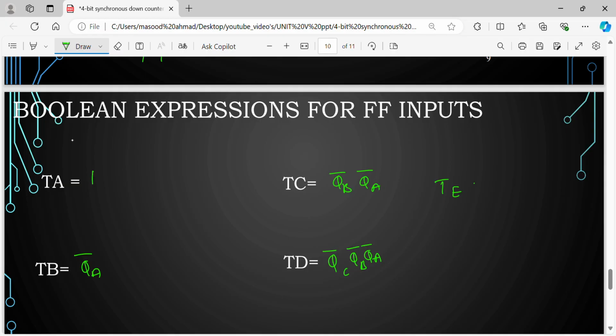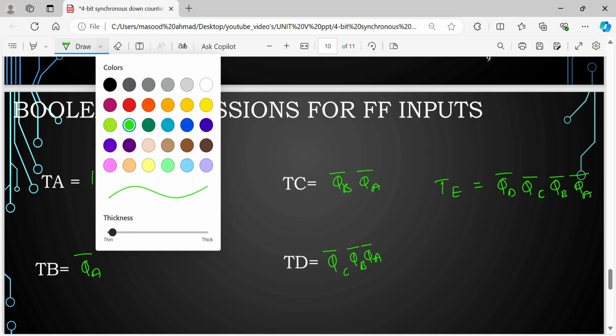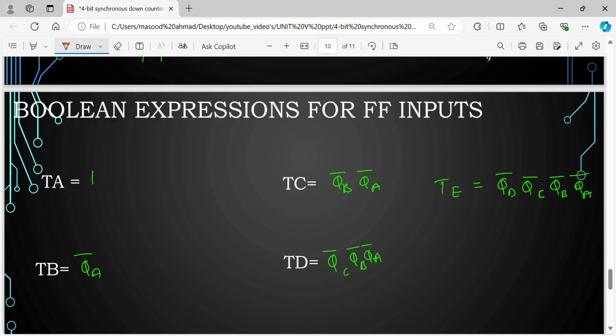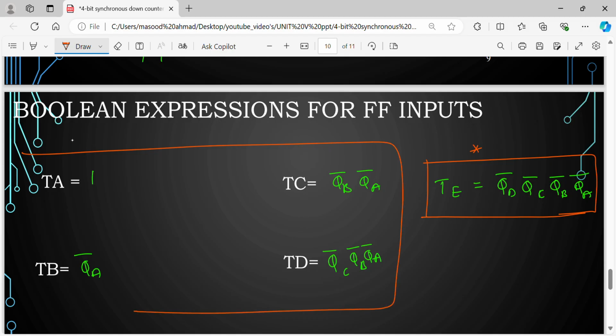The TE will be QD bar, QC bar, QB bar, and QA bar. Same procedure. This is the extra expression we get when dealing with a 5-bit synchronous down counter. Up to here is 4-bit. If you add this expression, that will be a 5-bit synchronous down counter.